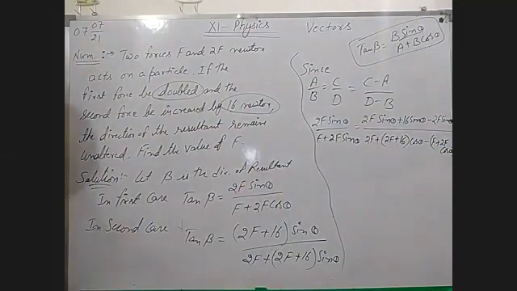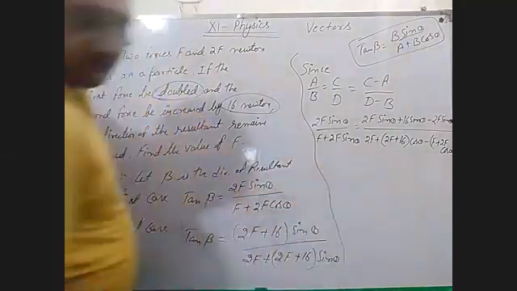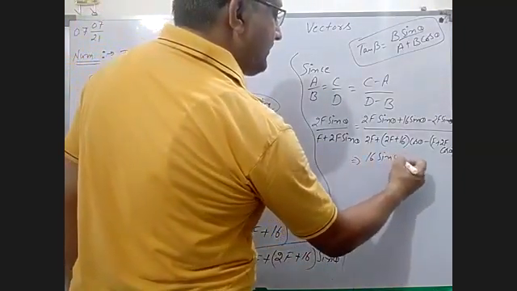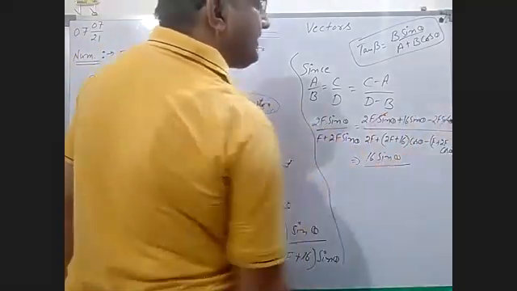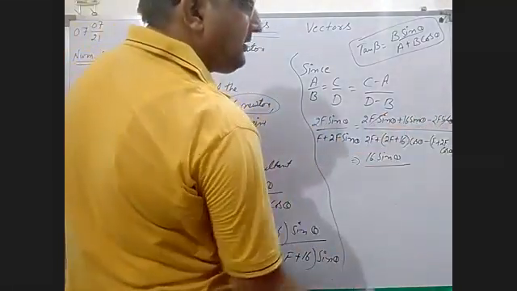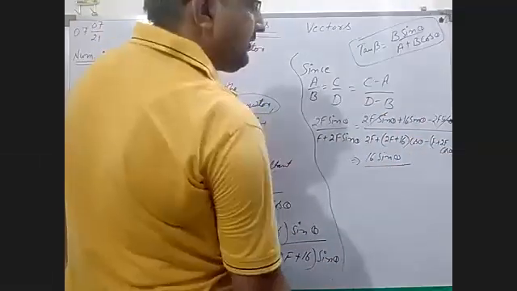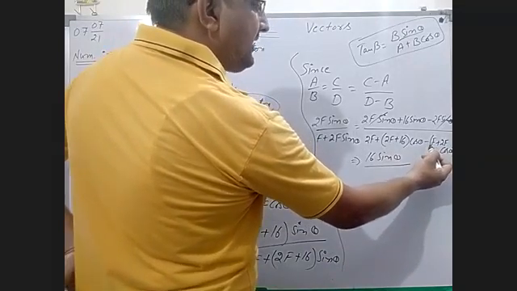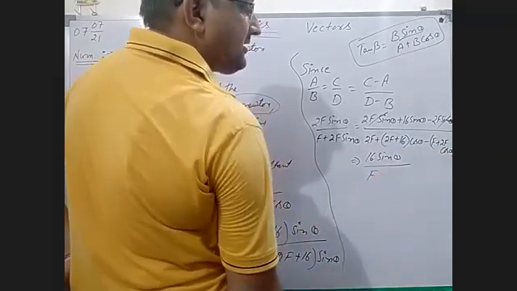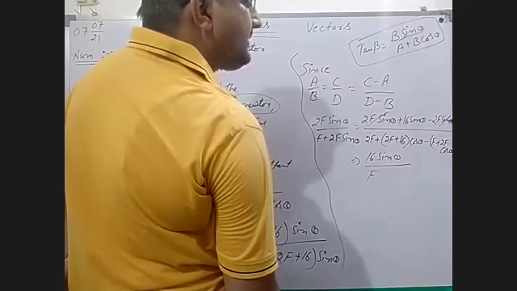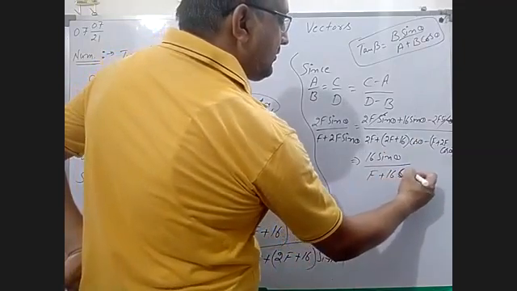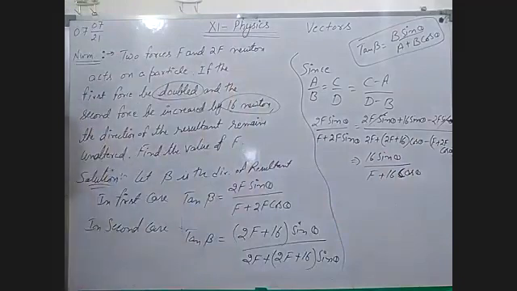After solving, we can write 16 sine theta, because 2F sine theta cancels and only 16 sine theta remains. And in the denominator, 2F cos theta cancels, and with the other minus F, only F plus 16 cos theta remains. So 16 sine theta upon F plus 16 cos theta.